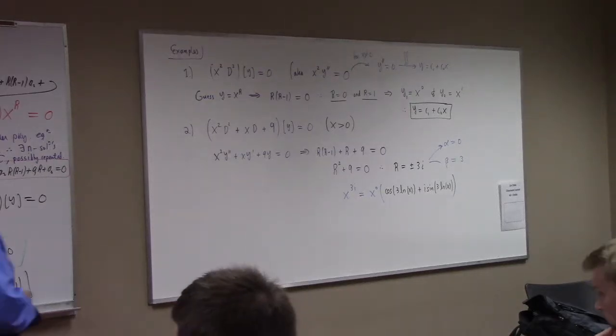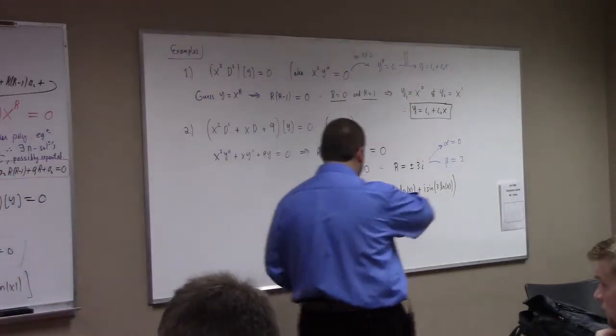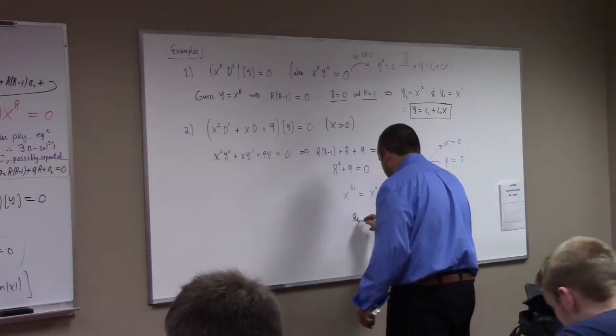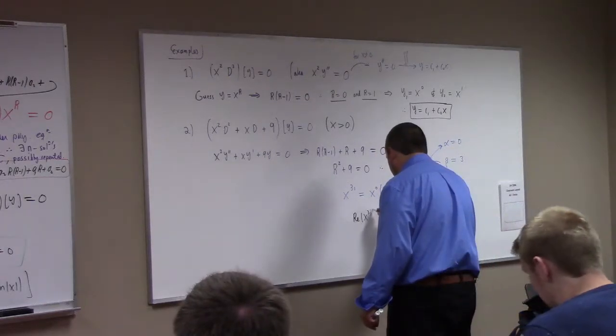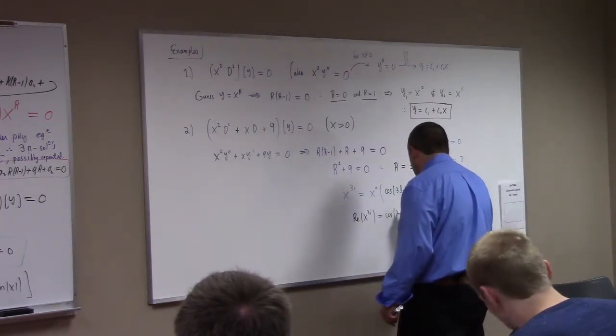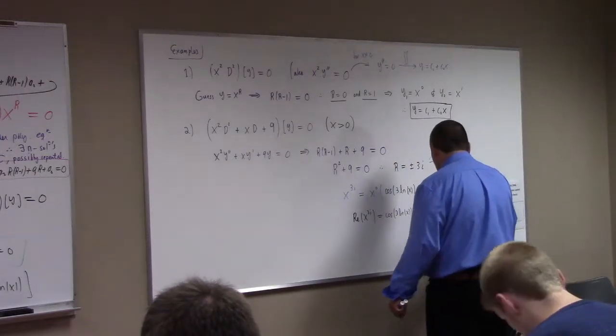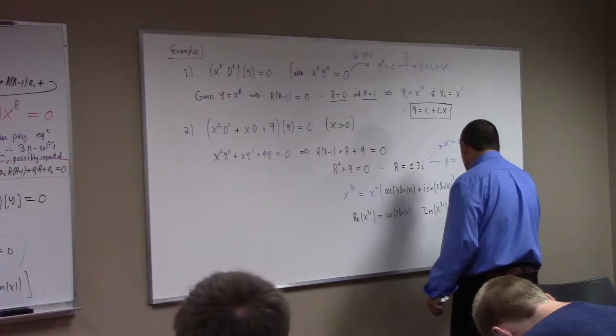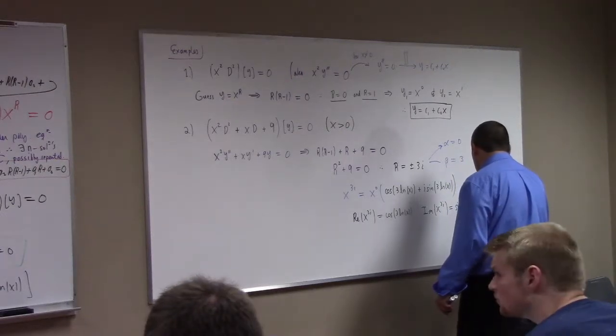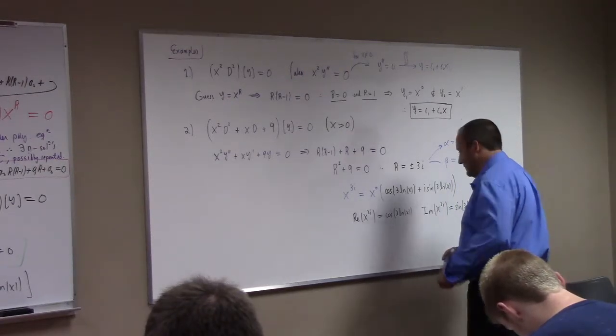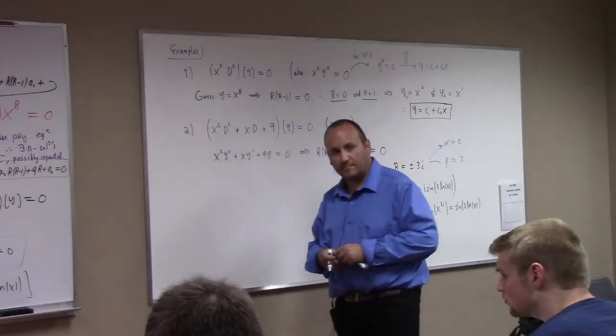All right? And so from this, I extract that the real part of x to the 3i, which is cosine of 3 log x, and the imaginary part, which is sine 3 log x, are separately real solutions to the given problem.